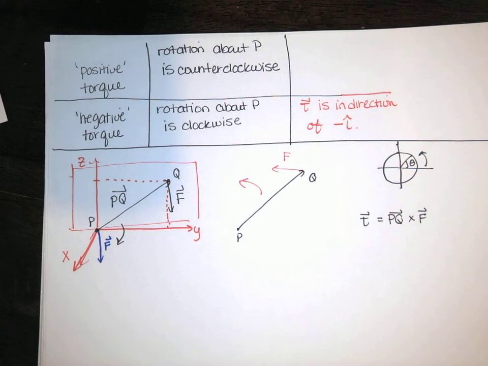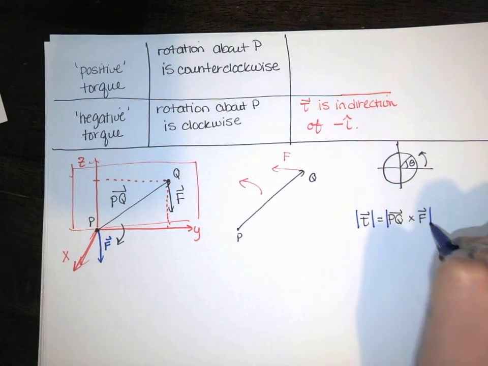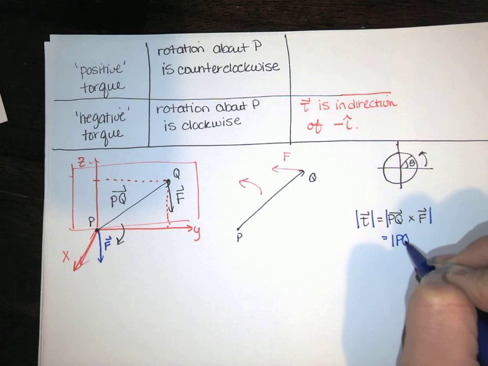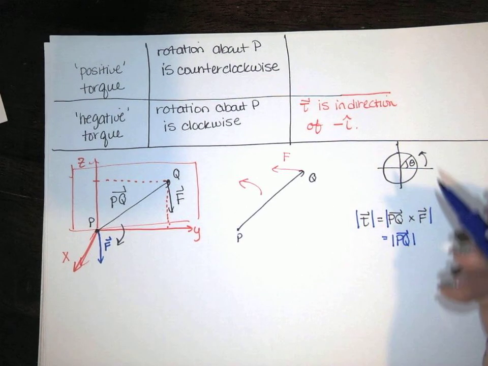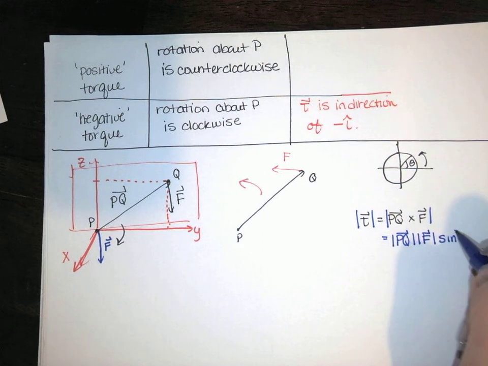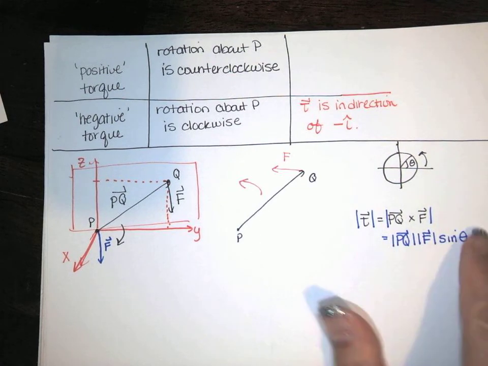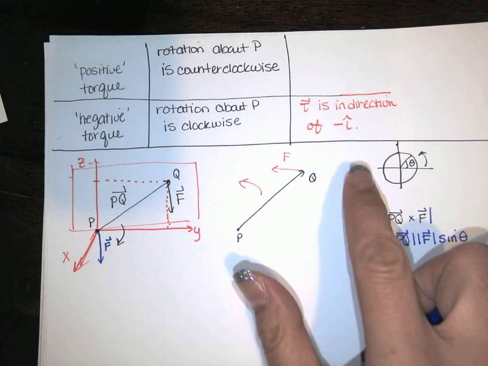Now its magnitude is given by this. We just take the magnitude of this cross product, which is the length of that lever arm or moment arm times the length of F times the sine of the angle between them. That's going to give us our magnitude.